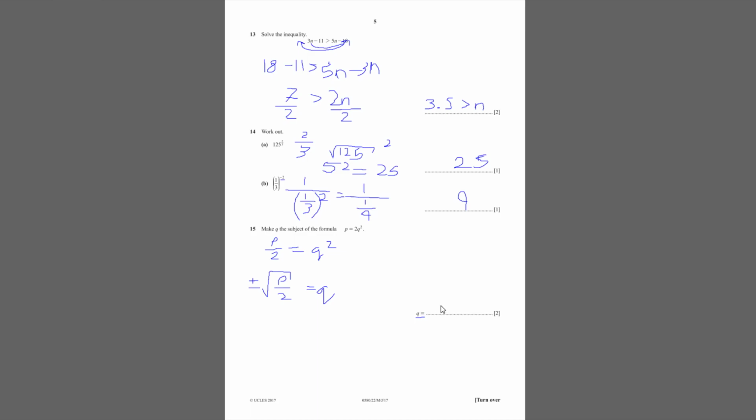So our final answer should be q equals plus minus square root of p over 2. And that's our answer to question 15. If you show this stage of your working, that's how you land that second point in this exercise.